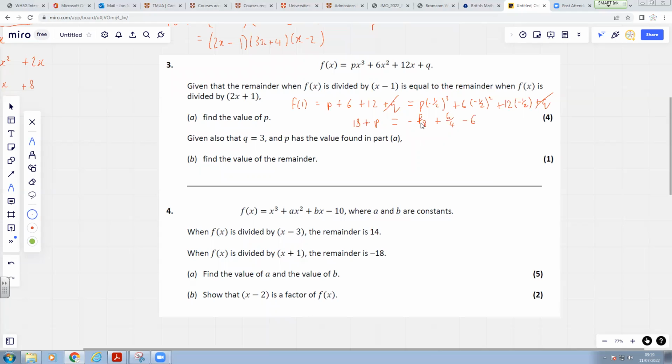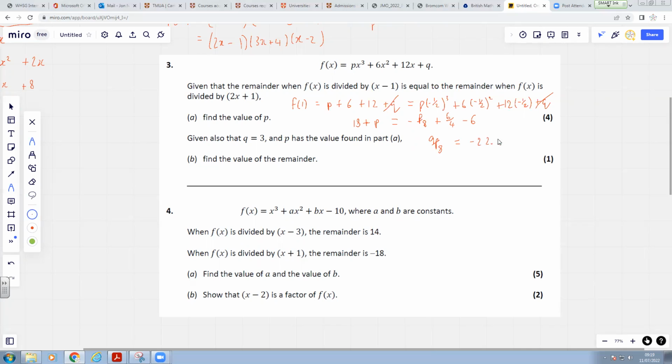And then I think what I'll do is I'll add that minus p over 8 to the p over there, giving me 9p over 8. And then I might think of that as 1.5 minus 6, so that's minus 4.5. But then I'm going to take away 18 from minus 4.5, leading to minus 22.5.